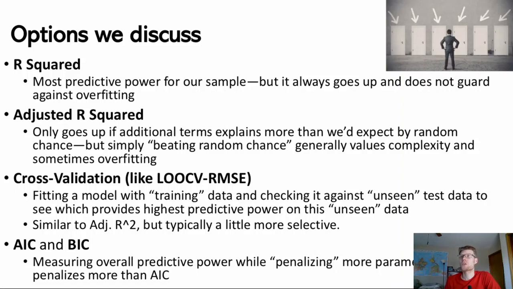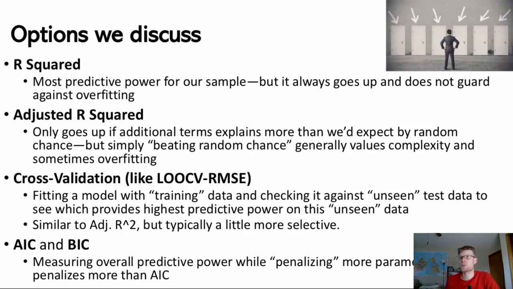So for that reason, R squared is only good as a descriptive measure of how much variability we're explaining in this particular sample of data, but doesn't actually do a good job of telling us which model is best and which model we should use for additional data as well. So that's where adjusted R squared often comes in. Adjusted R squared is going to adjust for how much correlation we're likely explaining by random chance by adding an additional predictor.